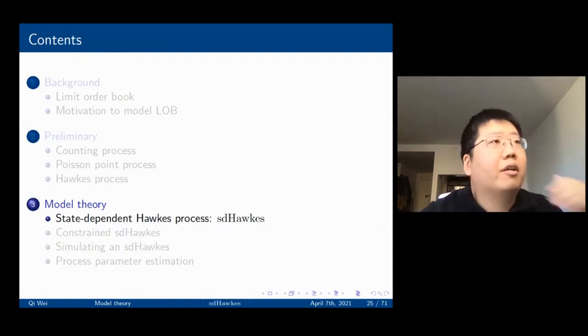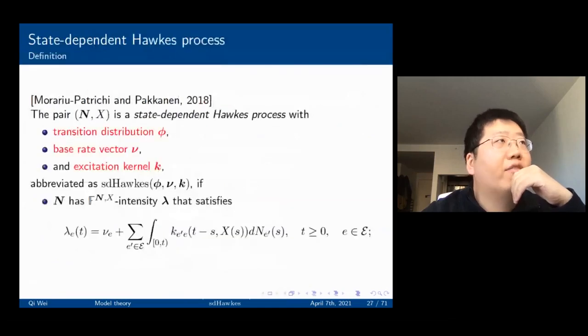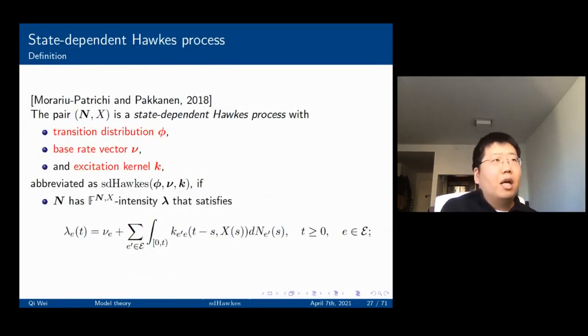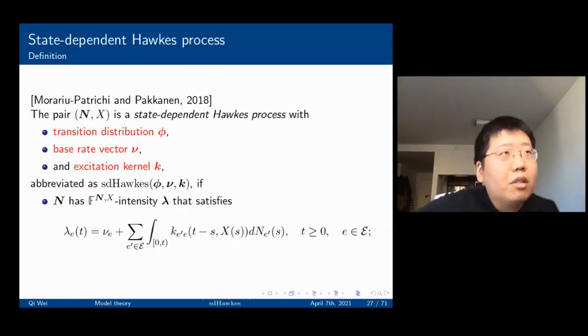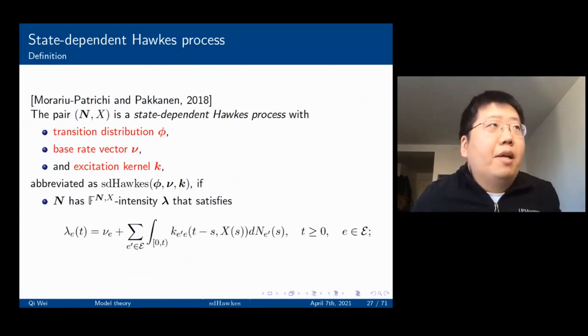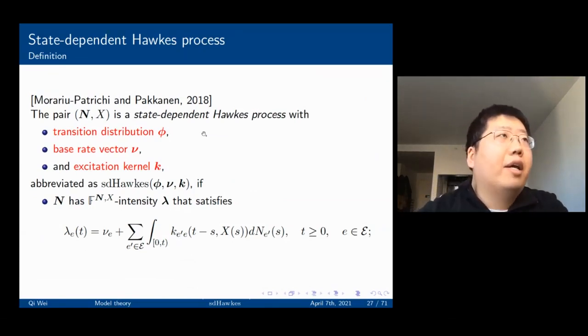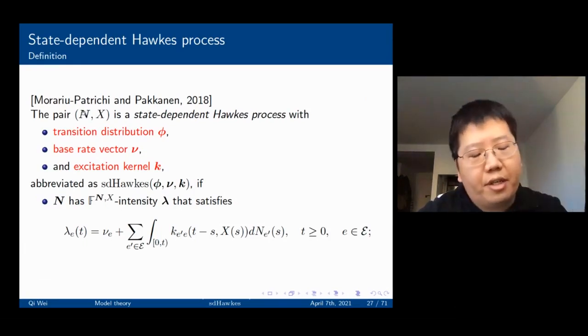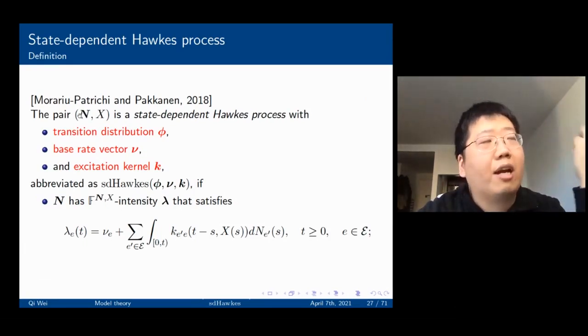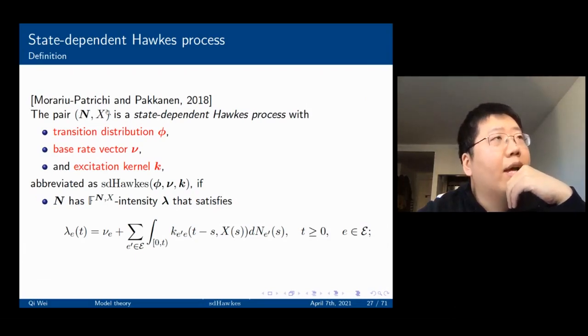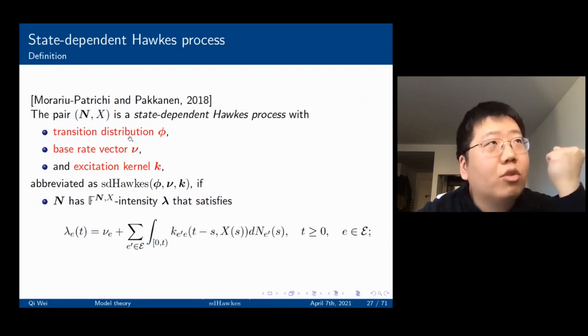This will be very clear when you see the definition of the state-dependent Hawkes process here. The pair N and X: N is a point process with events of a given event type, and X is the state. So this pair is a state-dependent Hawkes process with transition distribution phi.